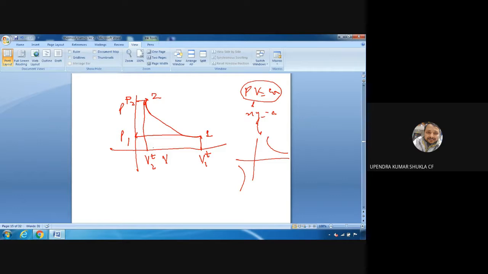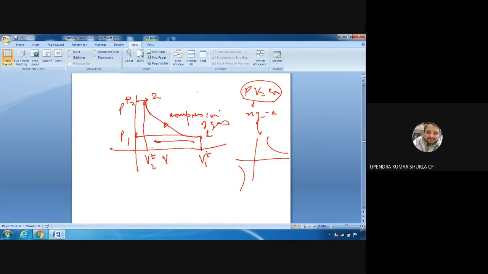So this is the PV graph. So just understand that in this direction we are moving. Volume is decreasing in this direction. So it is the graph that is showing the compression of the gas from point 1 to point 2.